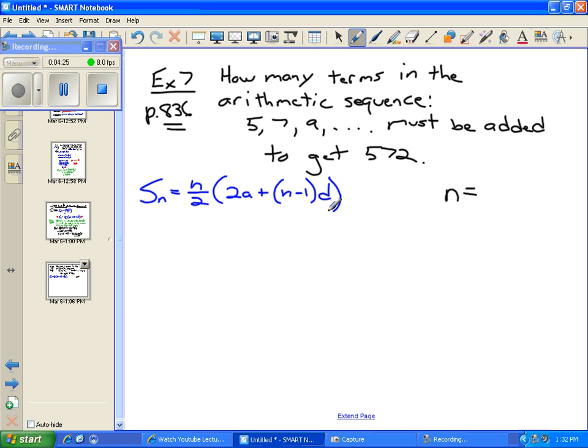We know what the first term is. We know what the change is. You can look and see what the change is between each term in the sequence there. So let's plug in everything we know into our formula. We've got 572. Remember, we don't know what n is. We're trying to solve for that. We know we're going to have 2 times the first term, which is 5, so a is 5.